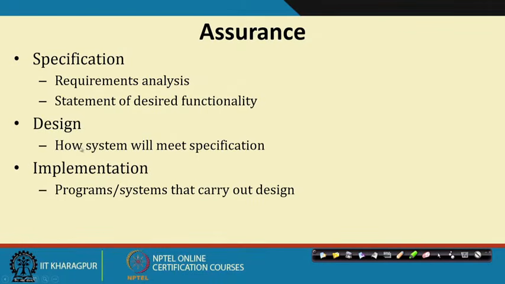After investing this much amount, what I want to look at is the assurance that it will not be breached, or up to what level it is secured, right. So, I need to know, say, on a 1 to 10 scale, or there are different security standards, up to what level I have secured, right. So, I require a set of specifications, and a design of how the system will meet the specification. So, requirement analysis, statement of desired functionality, and implementation, programs and systems that carry out the design.